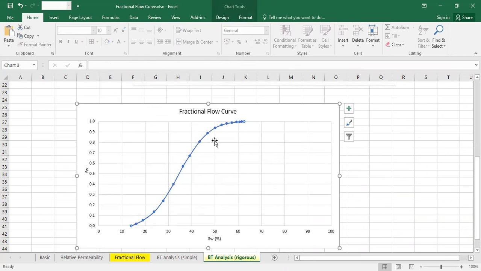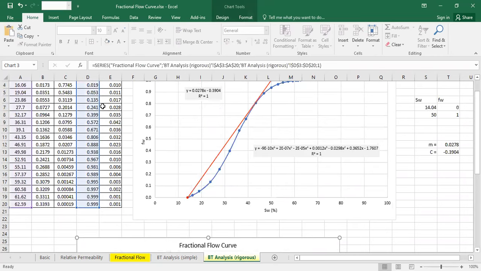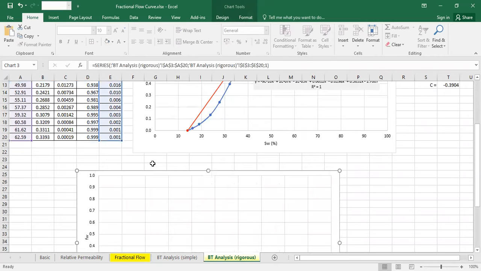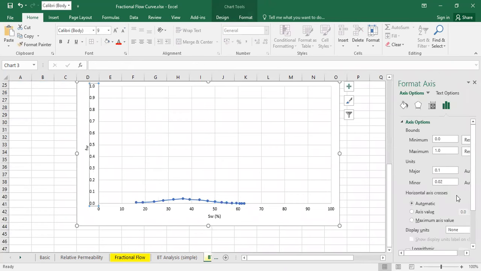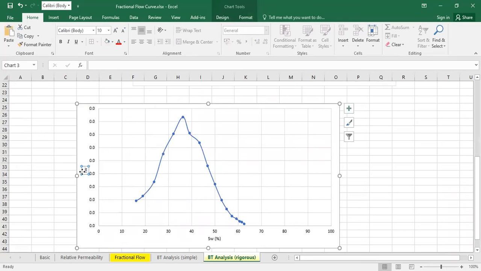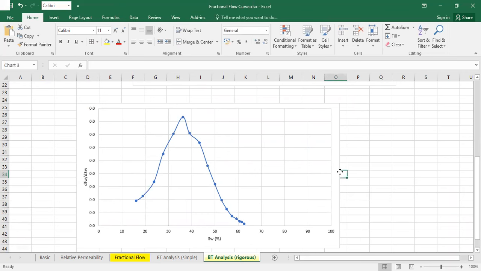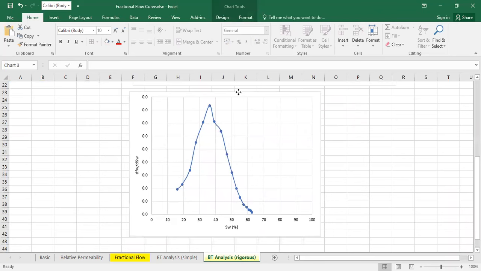So delete the regression, just change it like this, and then just reset. And just change it to DFW with respect to DSW.